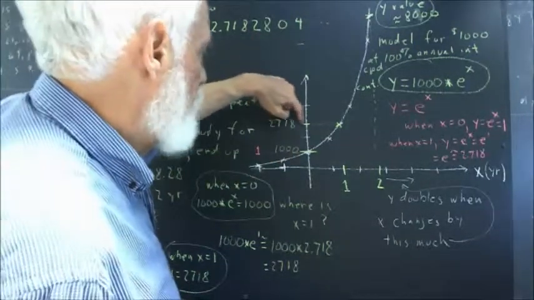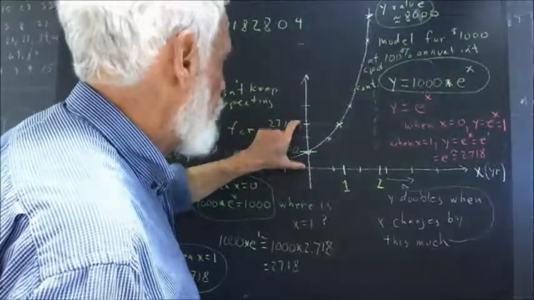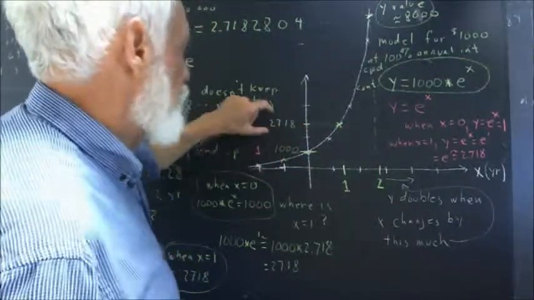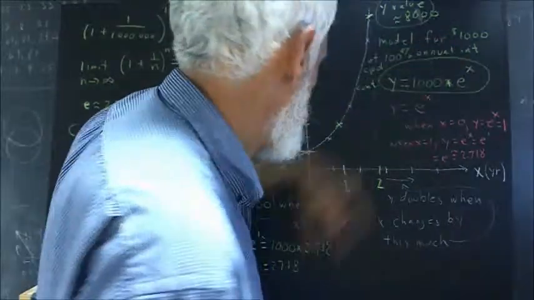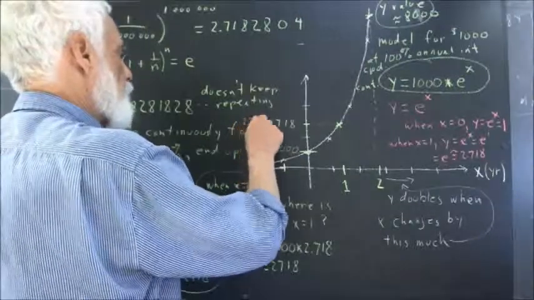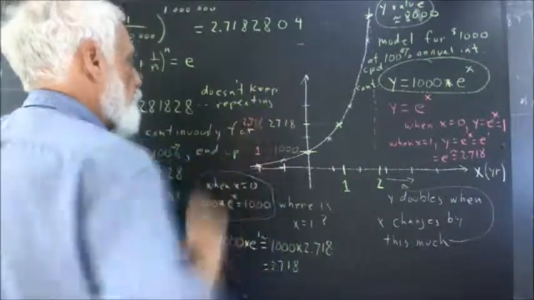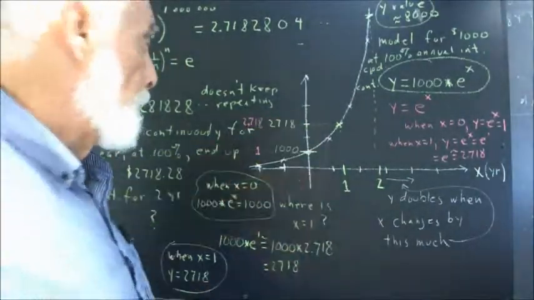Well, that's going to be the same point on the y-axis where previously I labeled 2,718 for the function 1,000 times e to the x. So my 2.718 for the pinkish red function, y equals e to the x, would occur here.